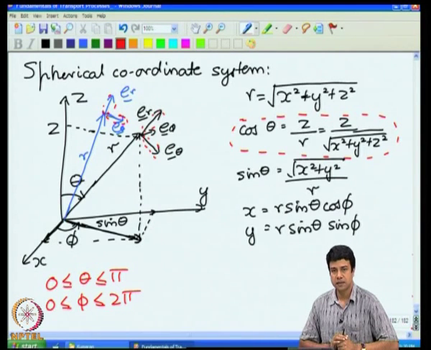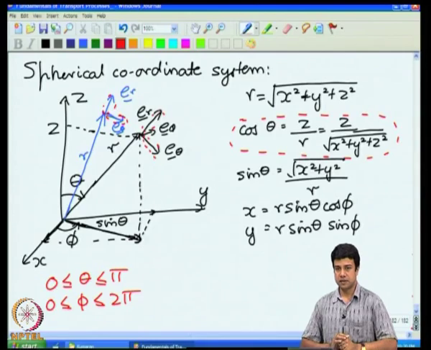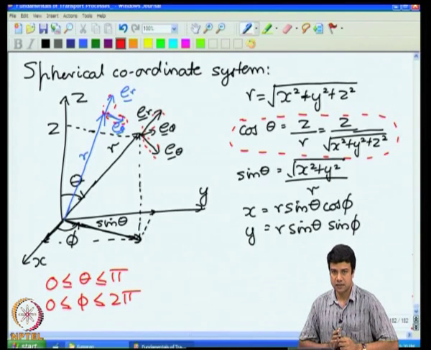In this case, the direction of the unit vectors are dependent upon position, but they are orthogonal. At each point in space, the unit vectors are all perpendicular to each other. So, this is still an orthogonal coordinate system.